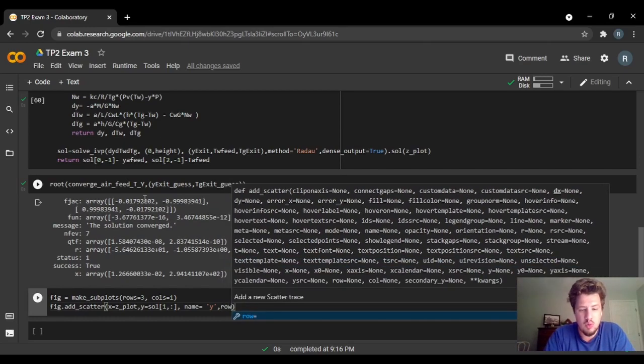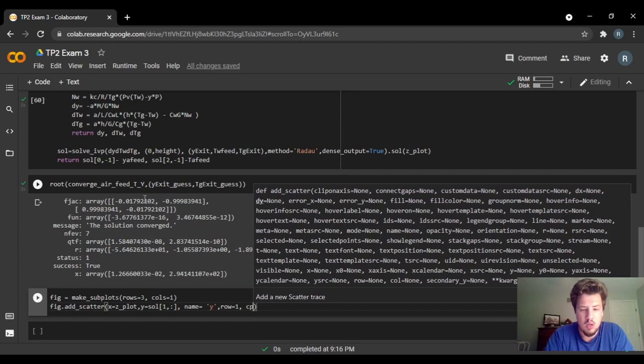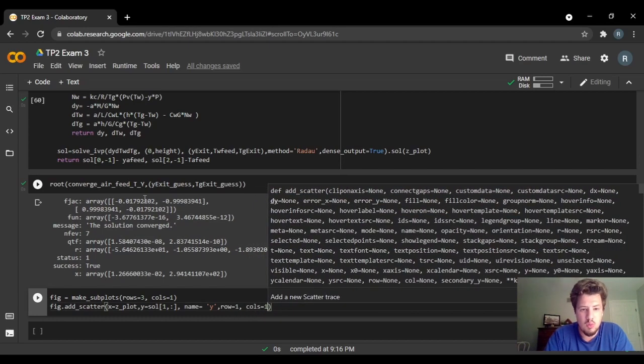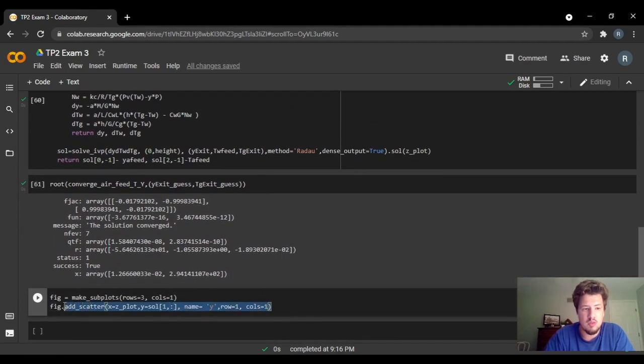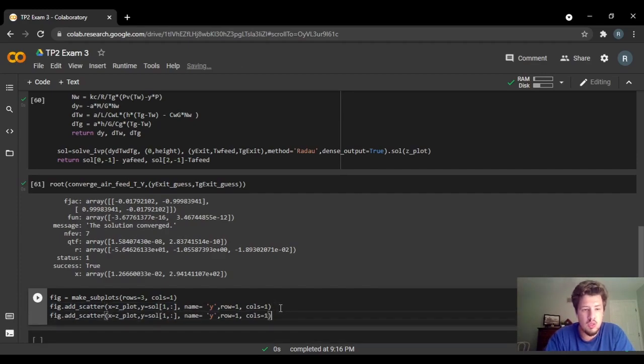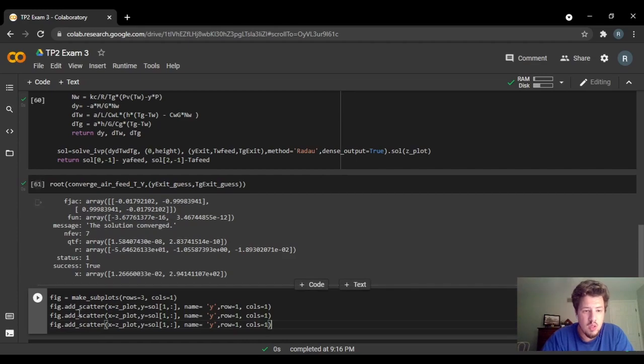So it'll be row equals 1 and columns equals 1. Now I'm going to repeat this 3 times because we have 3 differential equations, and then I'm just going to change the values in the solutions. And this should be 0, 1, and 2. And then this one should be the water and the gas.